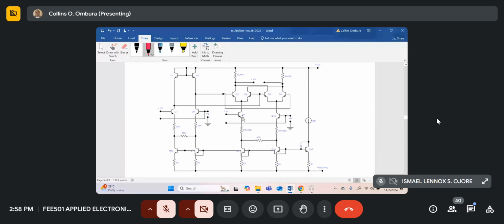Remember this Q9, Q10 was like our Q5, Q6. But you can see if you follow Q9, the emitter goes through this 25K R1 over here. And the emitter of Q10, which was like a Q6, goes through R1. And then the two are connected through this 36K over here. And then we have a constant current source formed by this transistor over here. It's not very clear even in my drawing.